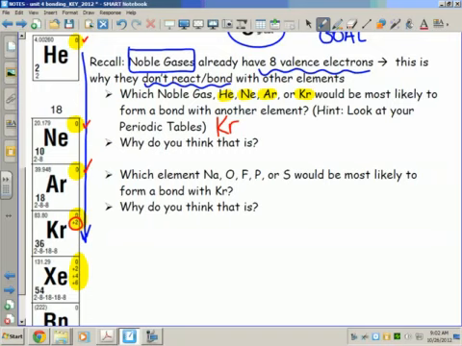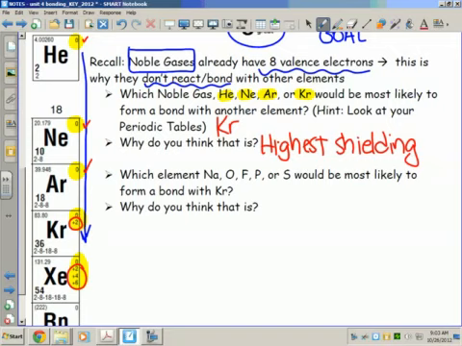And the reason is because it has a high level of shielding of all the elements in that list. Now, xenon, if you look at the 3 possible charges xenon has, that's even more active. That's because xenon has a higher level of shielding than krypton. And radon we won't get into because radon's radioactive.